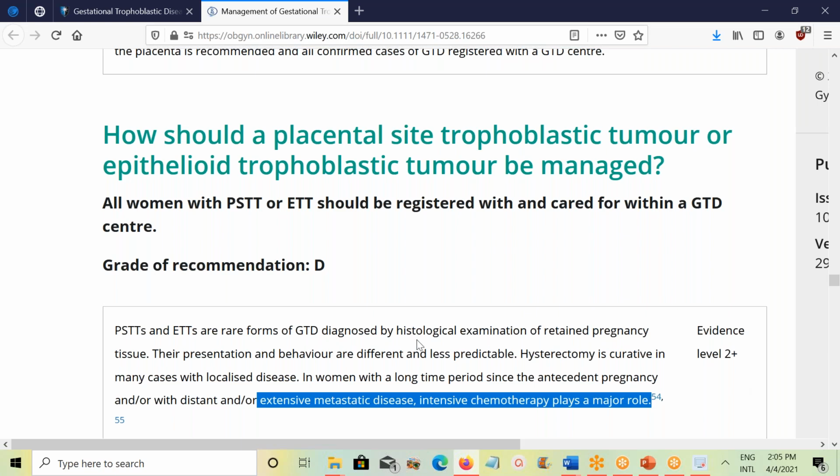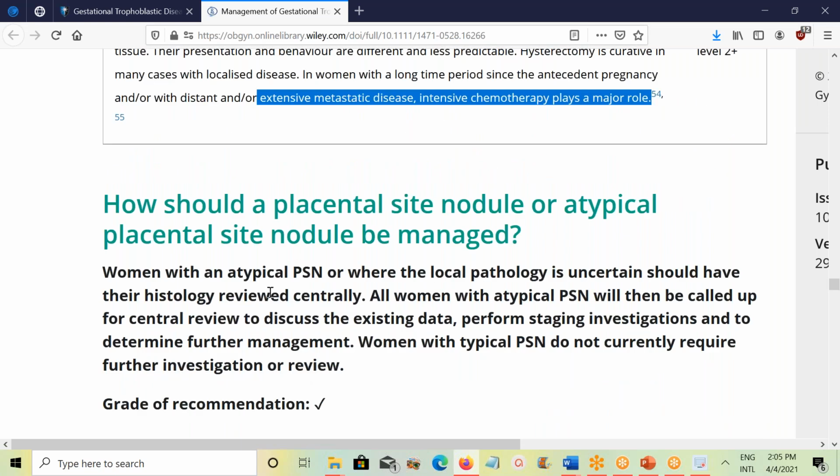Then sometimes what can occur, the placental site tumor can be atypical. Like you are seeing a placental site nodule or atypical placental site nodule, how should it be managed? A woman who has an atypical placental site nodule, where the local pathology is uncertain, should have her histology reviewed centrally.